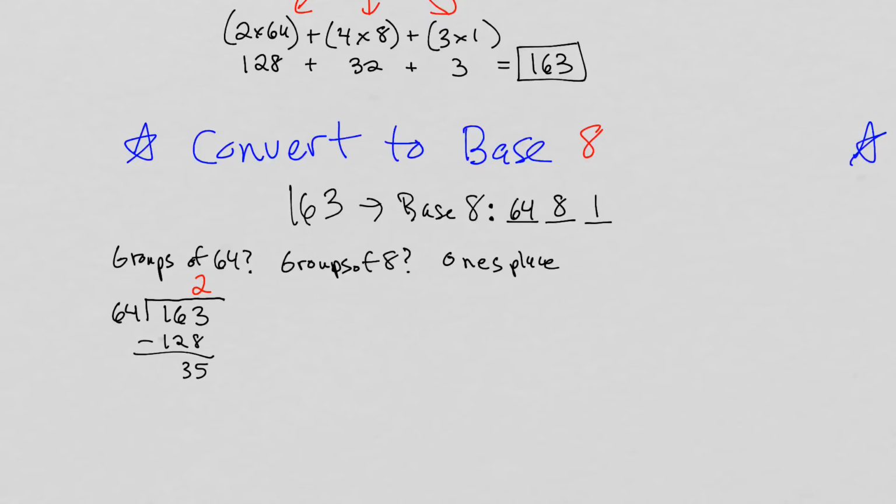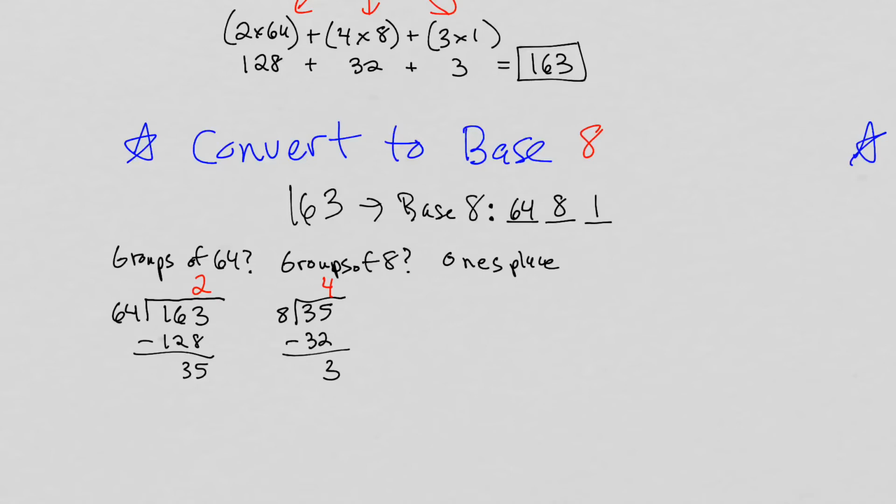Remember, we're using our calculator to fill this algorithm out. The 35 is what we need to make more groups out of. So we're going to take our 35 and see how many groups of 8 we can make from 35. Well, we know that 8 goes into 35 at least 4 times. And if we multiply those two, we're going to get 32. And we get 3 left over.